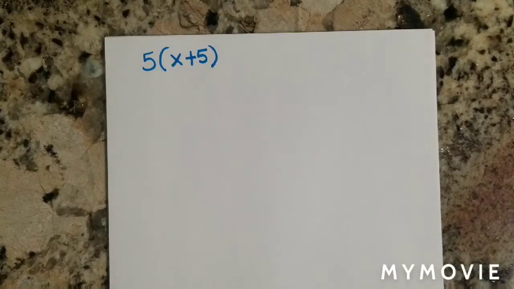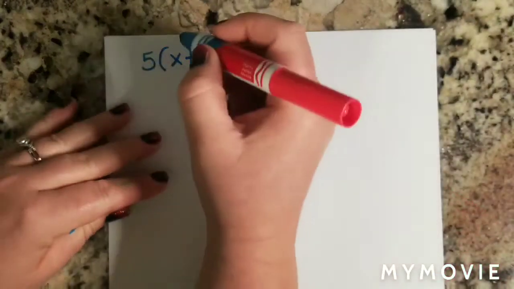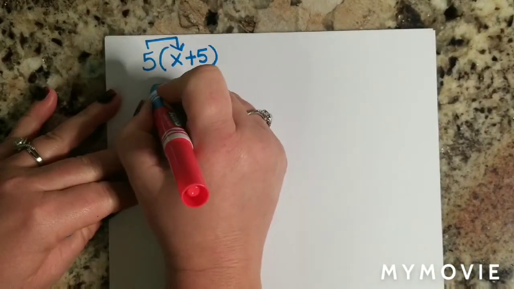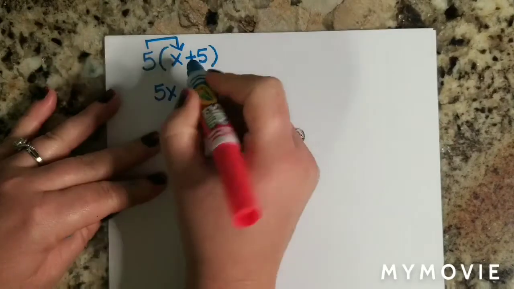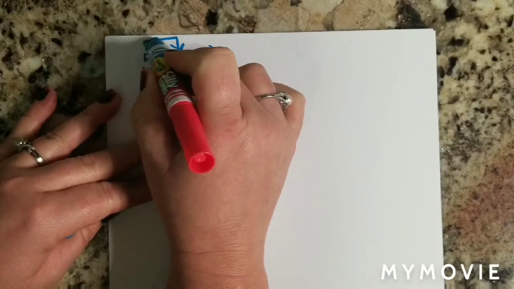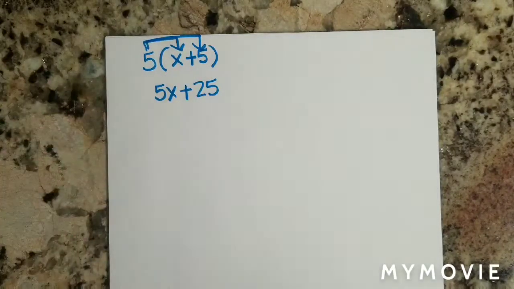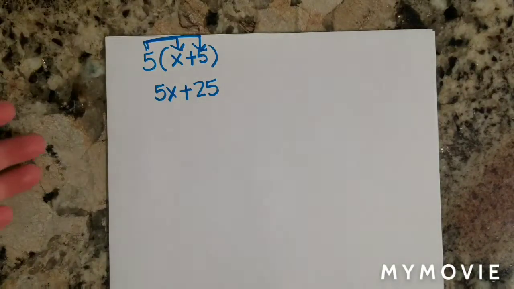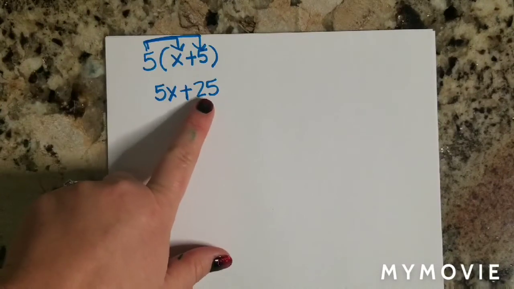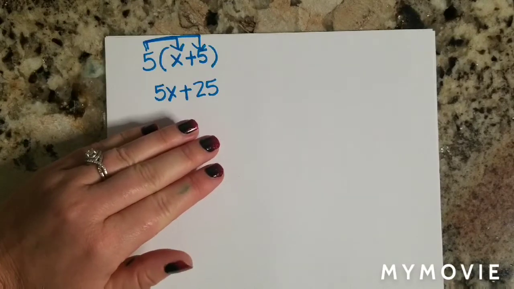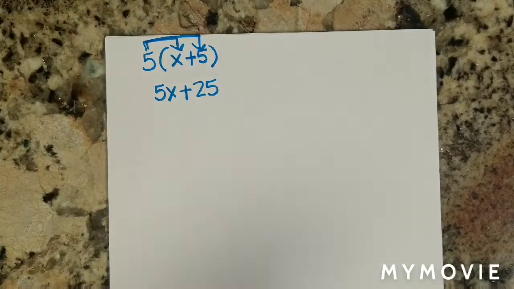But I can simplify this, which is what we've been doing. I could say 5 times x, and I would get 5x. Bring down my plus sign. 5 times 5 is 25. So I have simplified this to 5x plus 25, and we know that this is an expression because we don't have an equal sign.